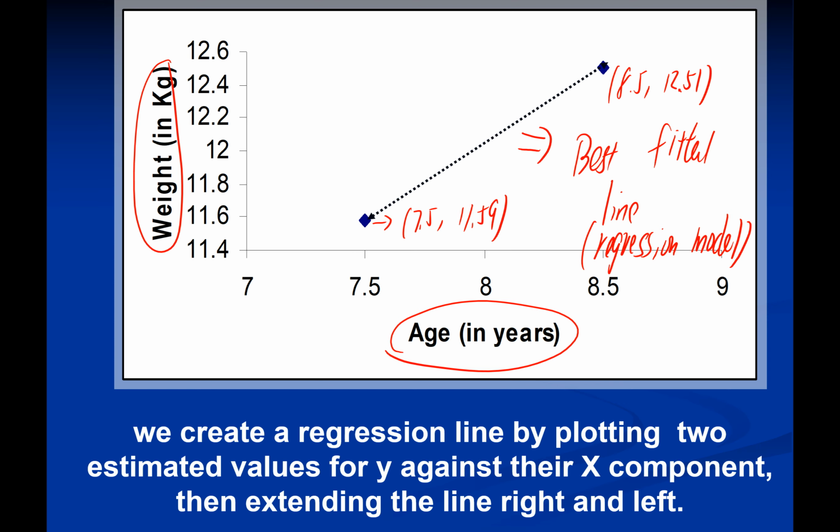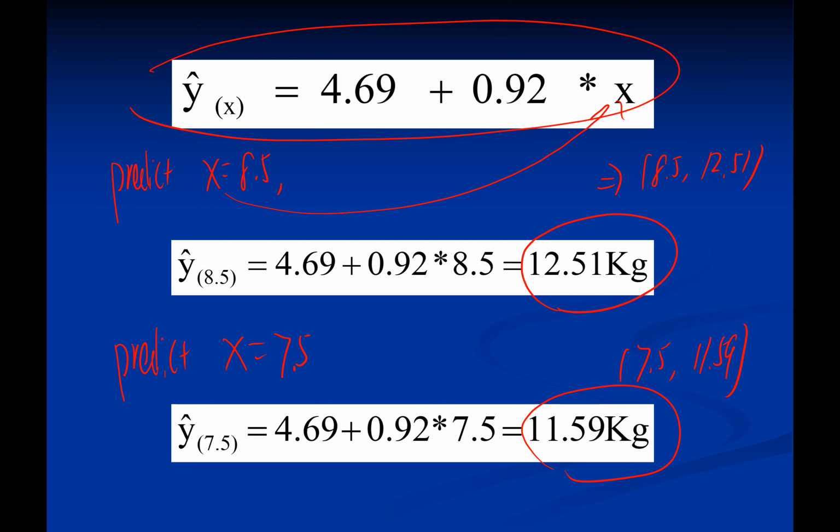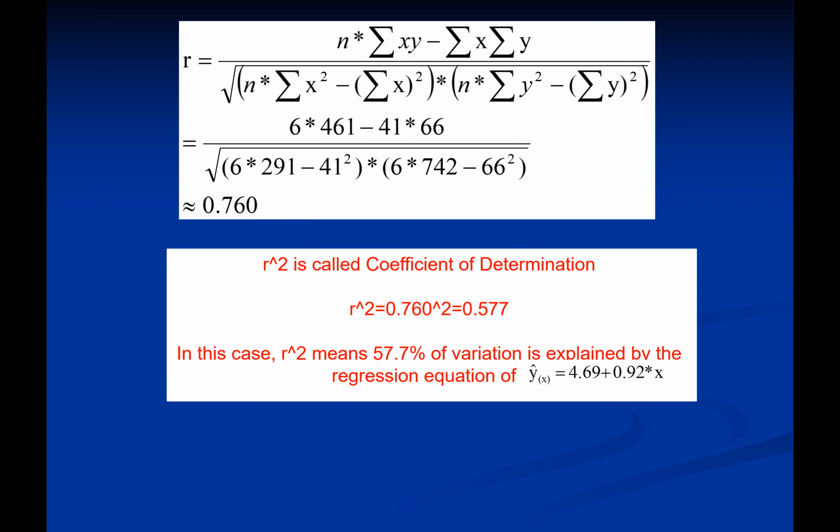Once you have a regression equation, you can create as many ordered pairs as you want and plot the regression equation on a Cartesian system. Create a regression line by plotting two estimated values for y against the x component and extend the line right and left. And again, we calculate R, which is 0.760.